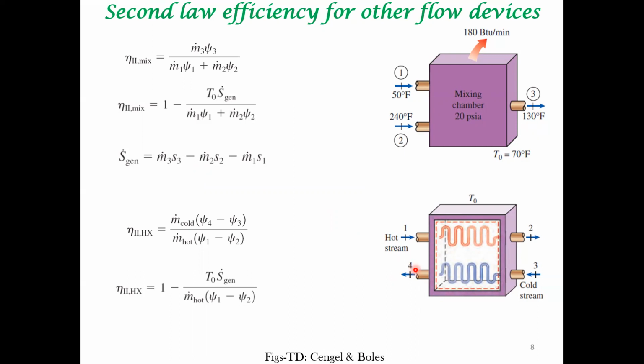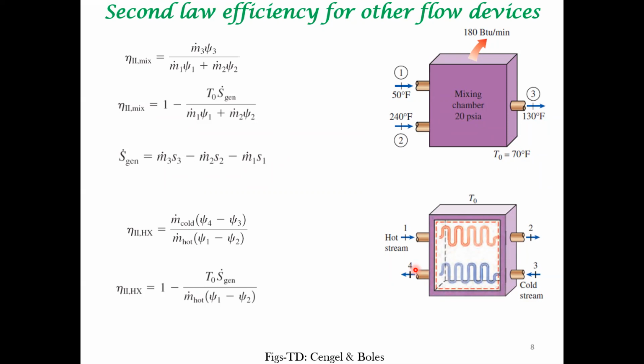So again, there is no reversible case in this scenario. So you define second law efficiency in a slightly different manner in scenarios where you cannot really come up with a reversible process to analyze your process. You were able to do that in the previous two examples, a turbine and a compressor, but in this case, a reversible process cannot be visualized, cannot be accomplished.